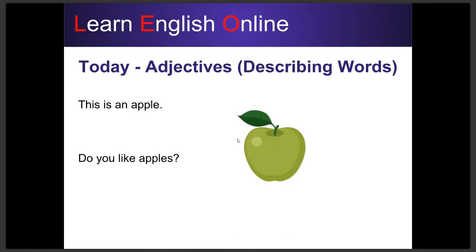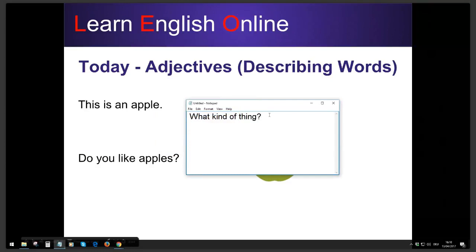So, here's a new word. An apple. Remember we did articles. This begins with an a sound, a vowel sound, so it's an apple. And this is an apple. Do you like apples? I like apples.